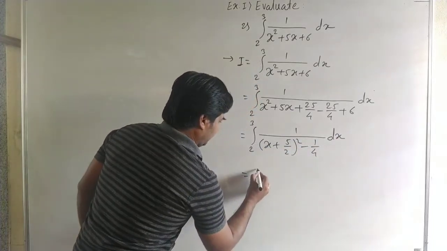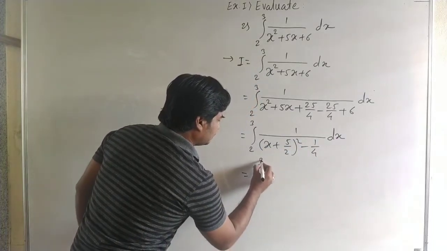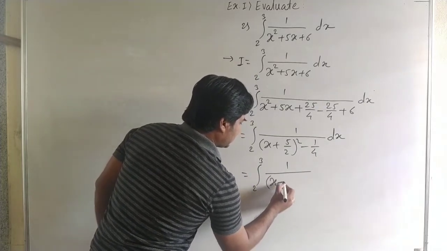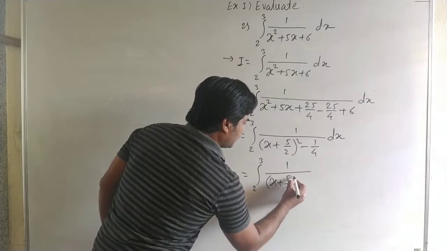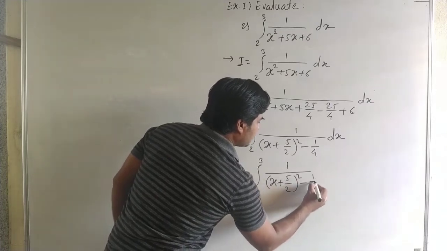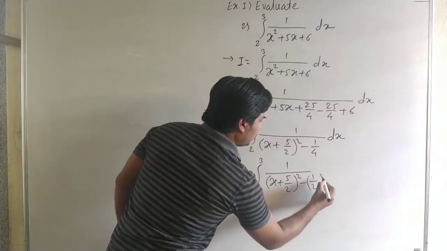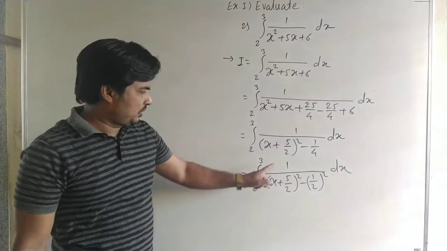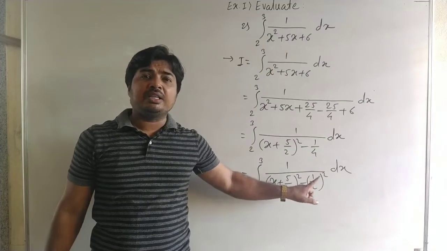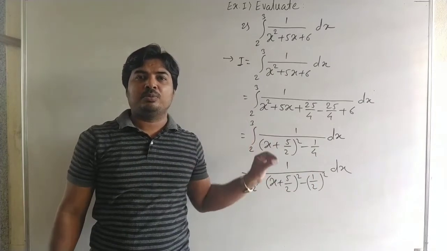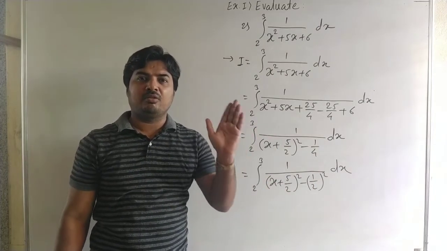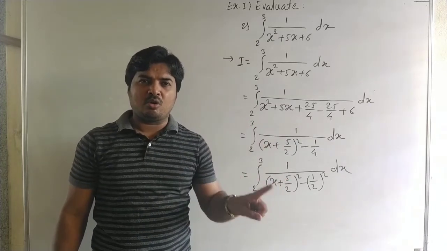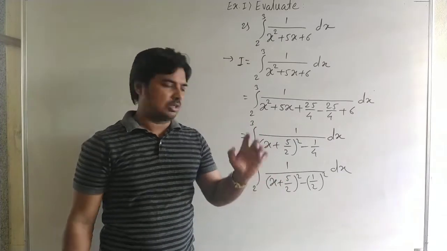Then integral 2 to 3 of 1 upon (x plus 5 by 2) whole square minus (1 by 2) whole square, dx. Okay, and now it is 1 upon x square minus a square, and the integral of 1 upon x square minus a square is 1 by 2a log of (x minus a) upon (x plus a).